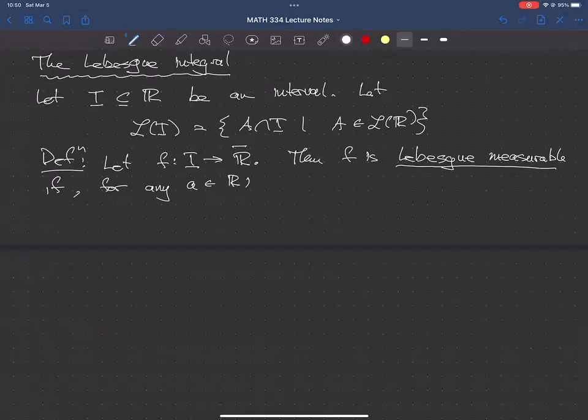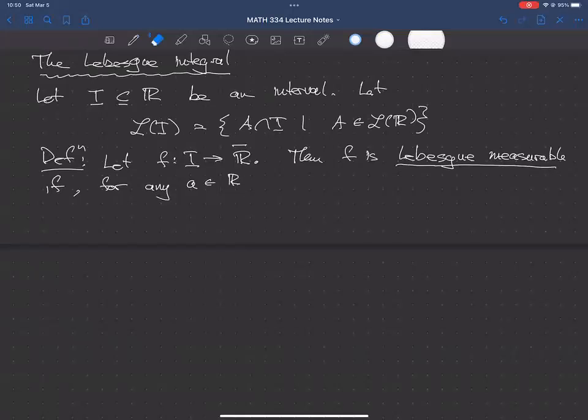You take any a in R, and then you take the pre-image of the set (a, infinity], including infinity because we are working with the extended reals.